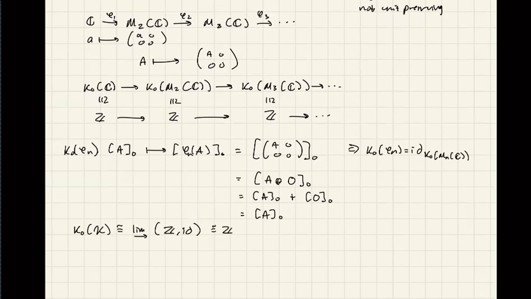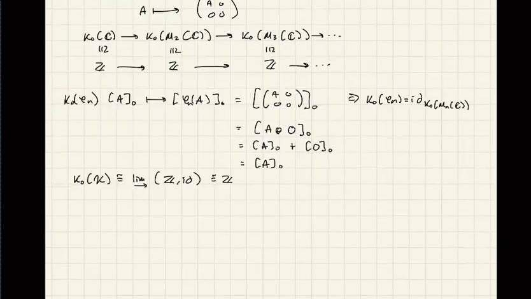Okay. So again, we care about both K-theory groups. And I'll leave it up to you to justify that the first K-theory group of our compact operators is trivial. It's the same logic that we did for the CAR algebra. Okay?